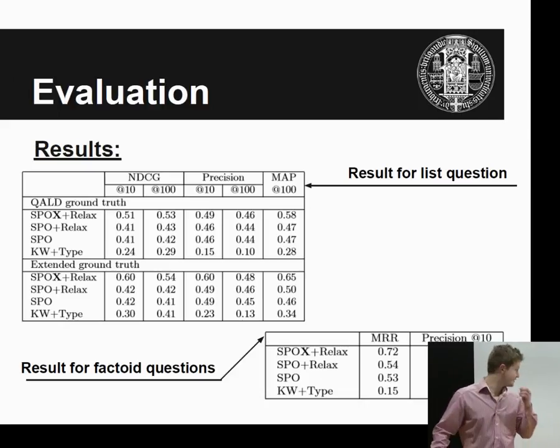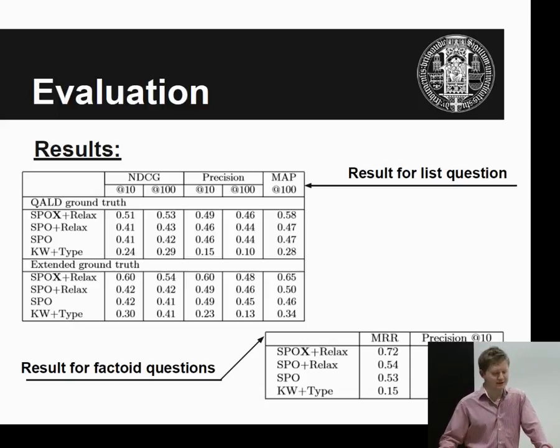And there are the results. How we can see, SPOX plus relax is the best approach, most of all for the NDCG and MAP measures, because by these methods the ranking of elements is measured.